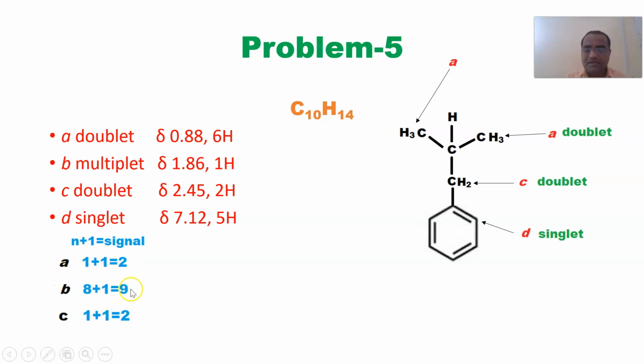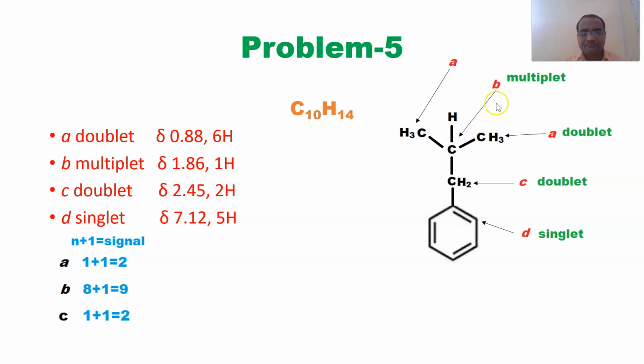See, this B signal is showing a multiplet once again. Here I have written the exact number of hydrogens on the adjacent carbon atoms. This carbon will show a multiplet, and why a multiplet? Because it has adjacent carbon atoms having hydrogen atoms in multiple, so almost 8 hydrogens, so that is why it is showing a multiplet.